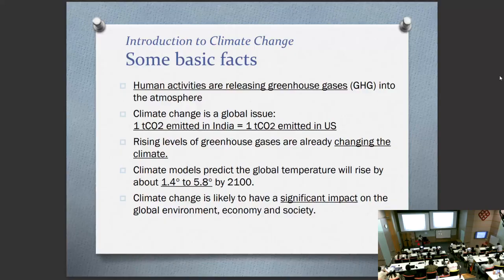Climate change is likely to have a significant impact on the global environment, the economy, and society. On the environment, I have read some articles saying that if the rise of global temperature is up to 3 degrees, then maybe 40% to 70% of the species in the world will be extinct.